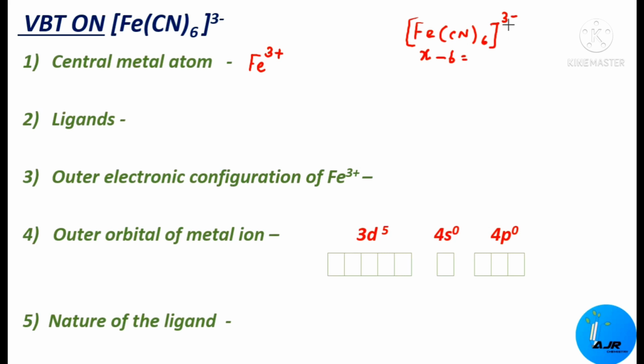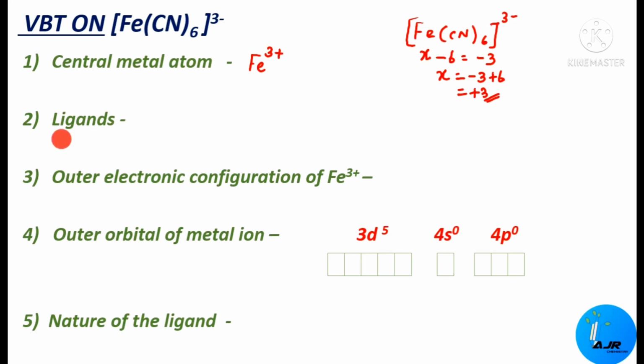The overall charge is -3. So x - 6 = -3, therefore x = -3 + 6 = +3. This is how we find the oxidation number of the central metal atom or ion. So the oxidation number of Fe is plus 3, and that's why the central metal ion is Fe3+.